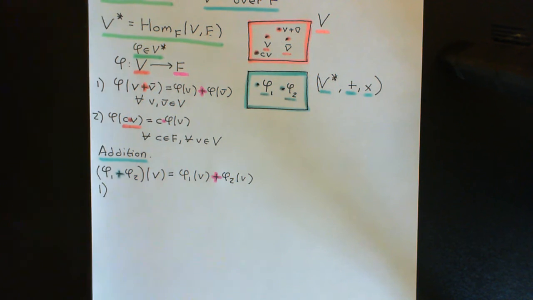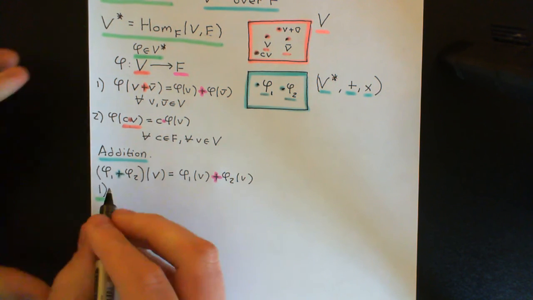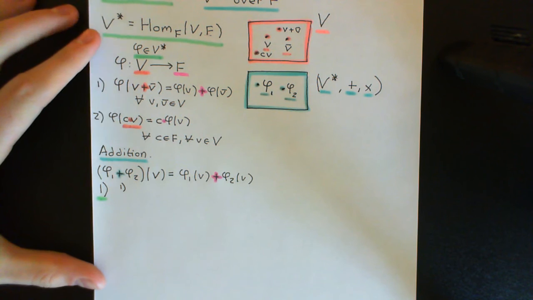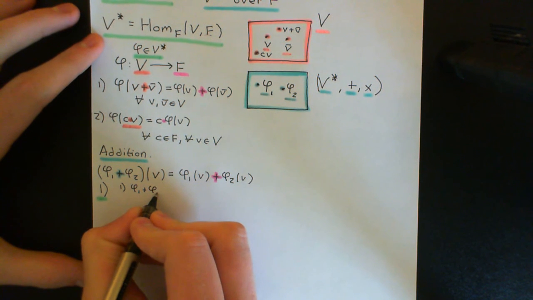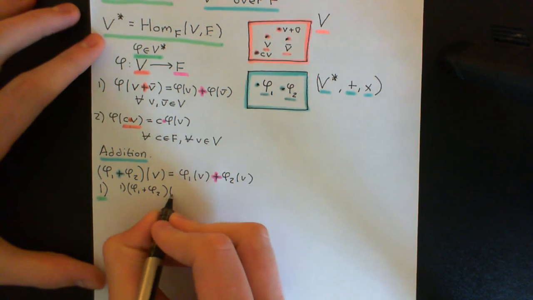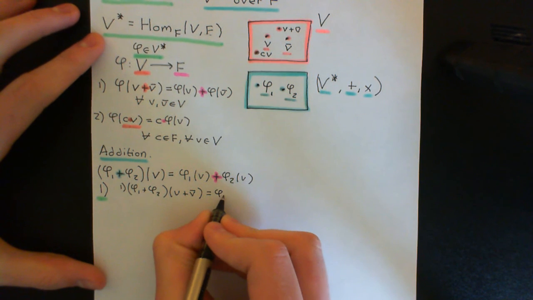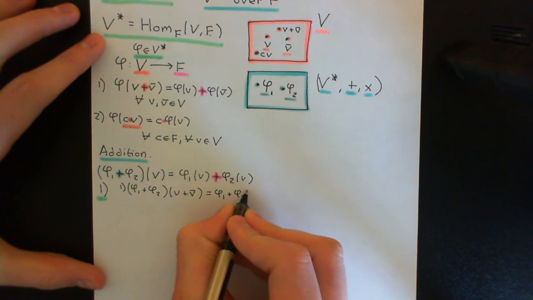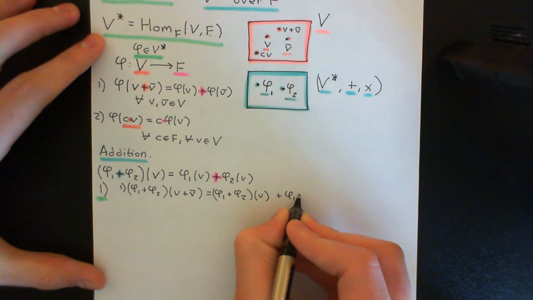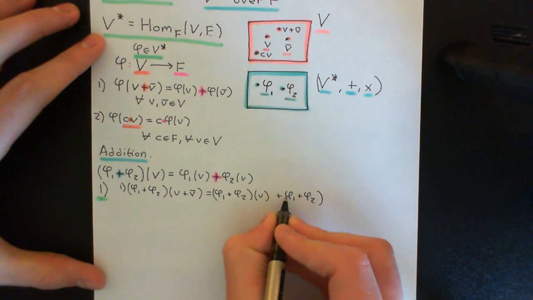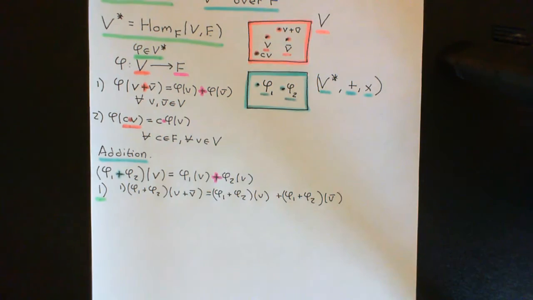Okay, right, so in axiom number 1, we will now start by checking criterion number 1. So I'll put this as a little 1 here. So we want to check that phi1 plus phi2 of v plus v bar is equal to phi1 plus phi2 of v plus phi1 plus phi2 of v bar, and I'll just colour in the different pluses there to make this exactly obvious.